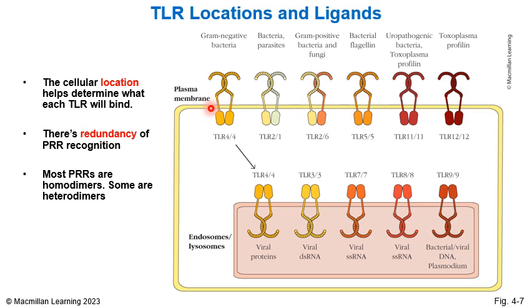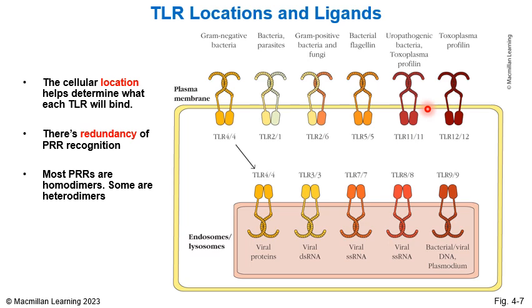Okay, so here, again, most of them are homodimers, but then some of them are heterodimers, and be familiar with the ones that you should know, right? Now, putting it into logical perspective, the ones that are on the cell surface, they are going to recognize the whole 3D intact pathogen, right?